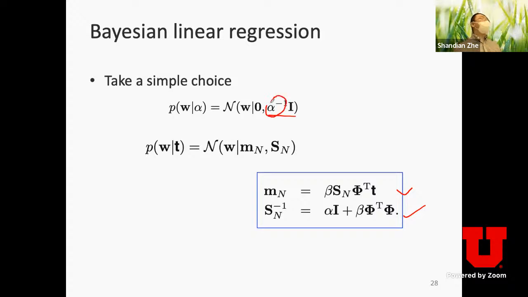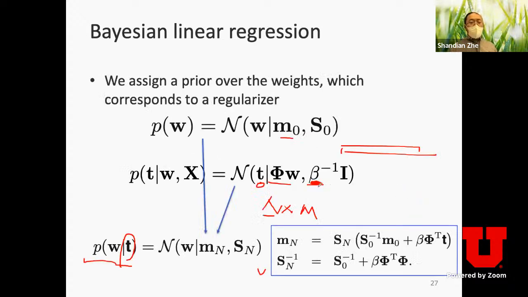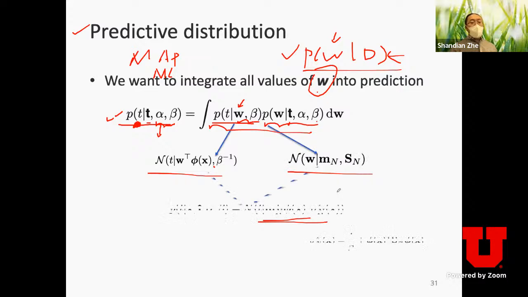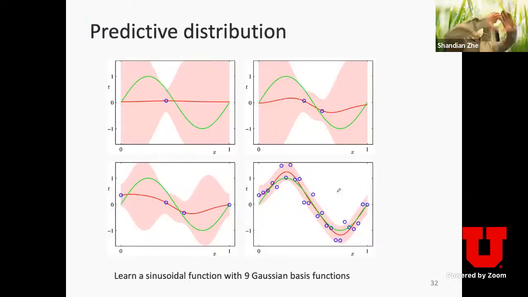Alpha here is the inverse variance of the prior, and beta here is the inverse variance of the Gaussian likelihood. You can view alpha as determining how wide your Gaussian prior will be, and beta as indicating how noisy the observation is, because beta is the inverse noise variance.